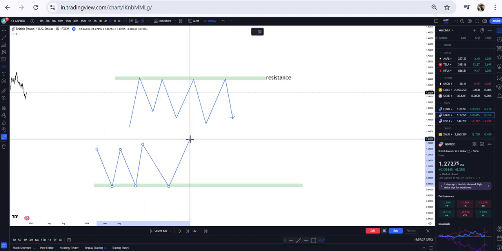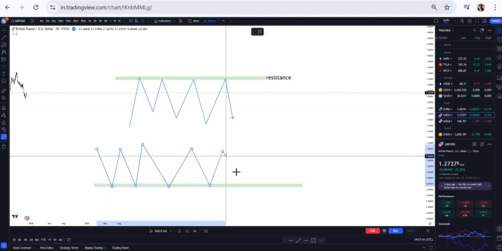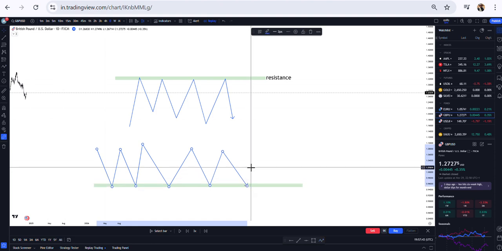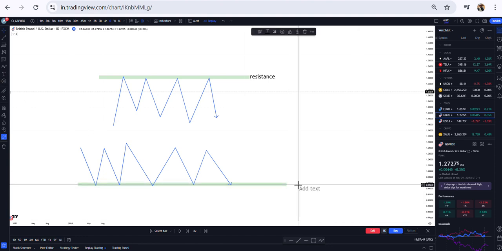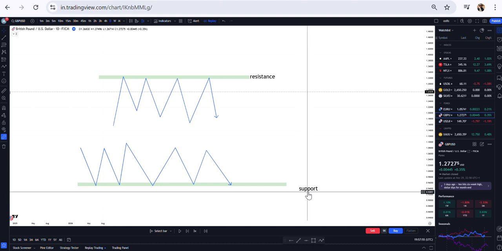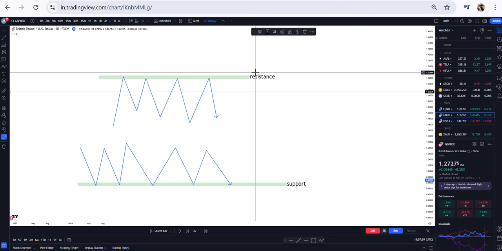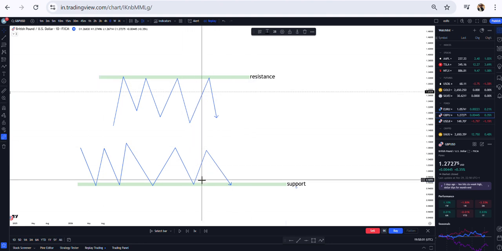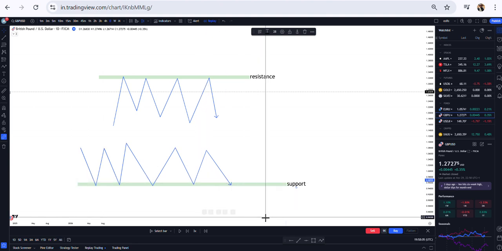It comes up, bounces off, comes back, bounces off, comes back, bounces off. Now this area is what we call a support level. You know what I mean by support and resistance now? So this is a resistance, preventing price from going above, and here is a support, preventing price from going below.